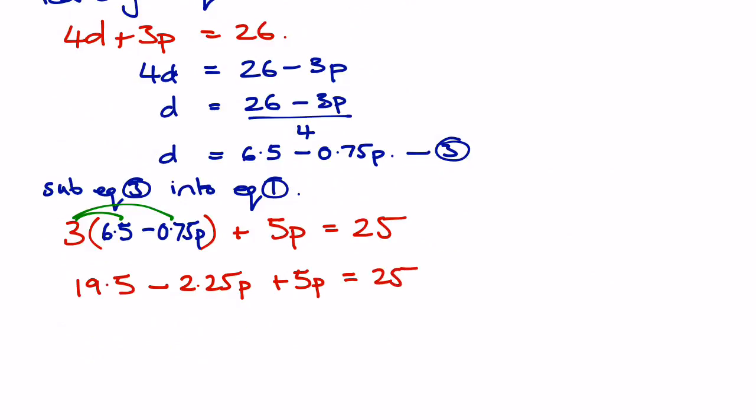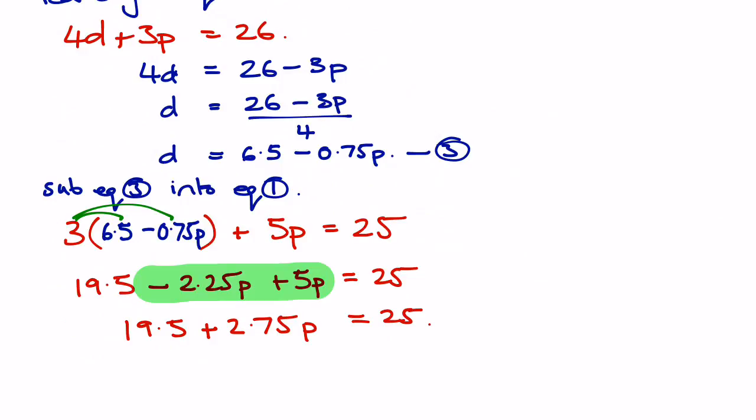Now I want to group my like terms together, so that's minus 2.25P plus 5P. If we do that, minus 2.25 plus 5 is going to leave us with 19.5 plus 2.75P equals 25.